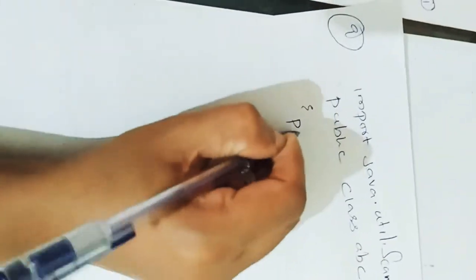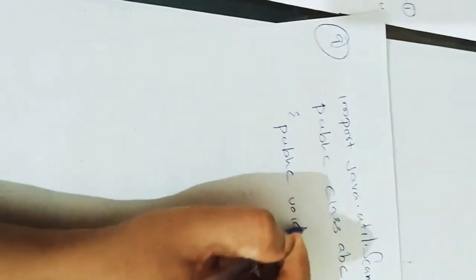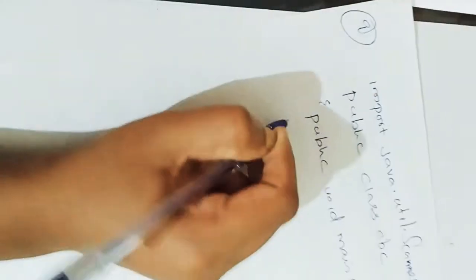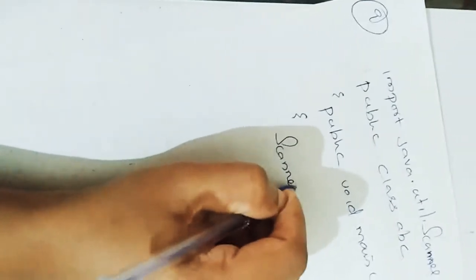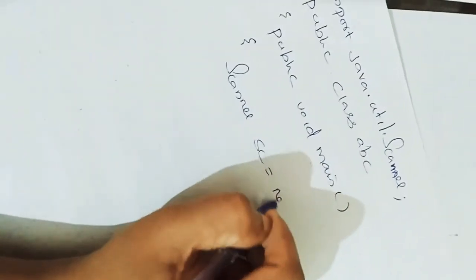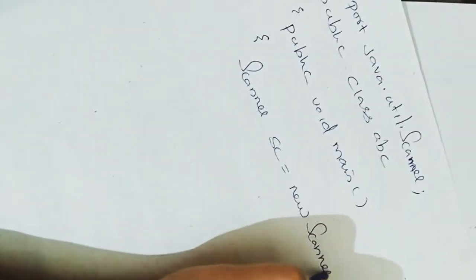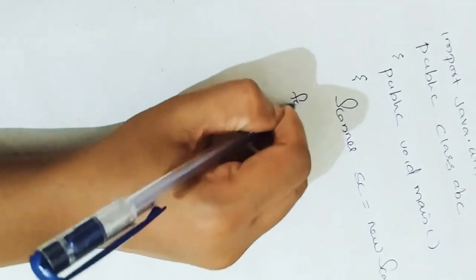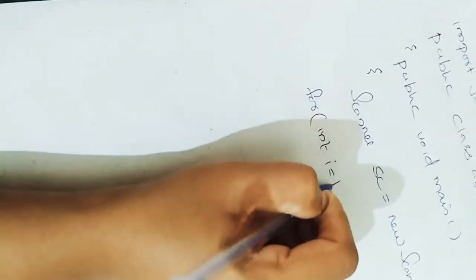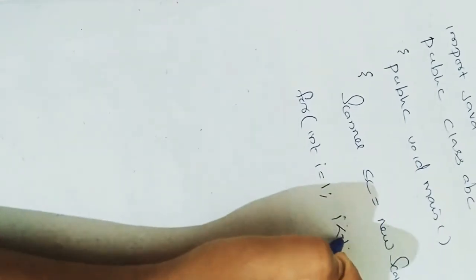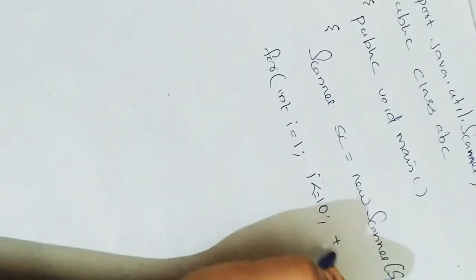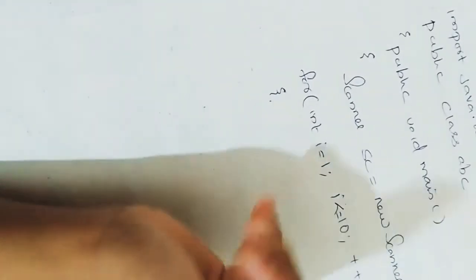Public static void main. Create a Scanner object sc is equal to new Scanner(System.in). So for int i is equal to 1, we have to input any 10 numbers, so i less than or equal to 10, plus plus i.